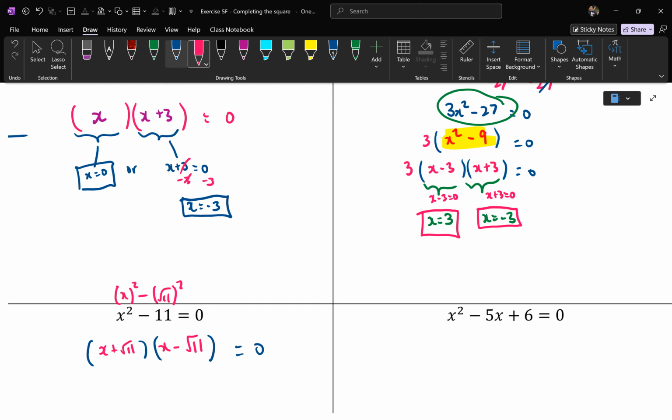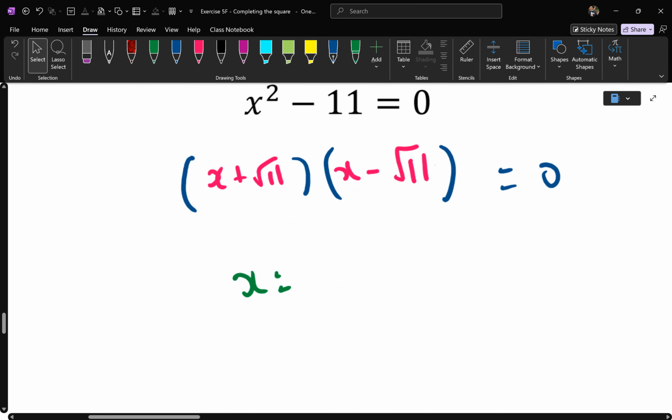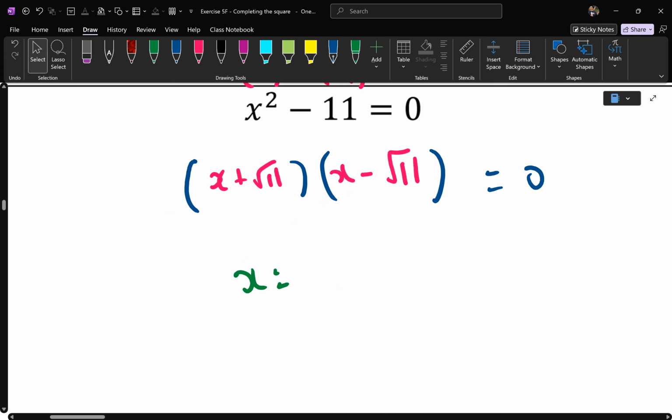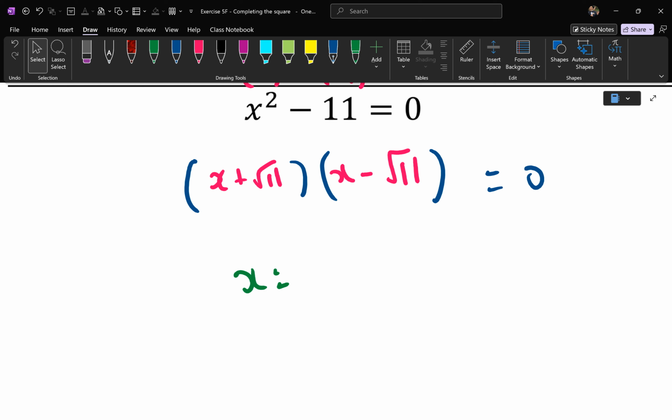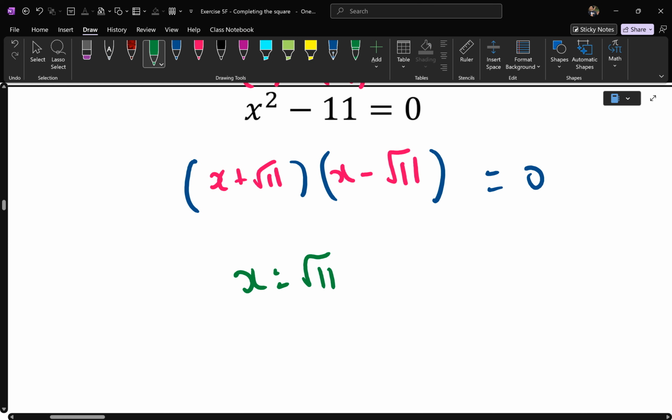So what are my x values equal to? What are my two possible answers? Let's go with Toby. We've factorized it. We've got x plus root 11 times x minus root 11. What are my two possible answers?